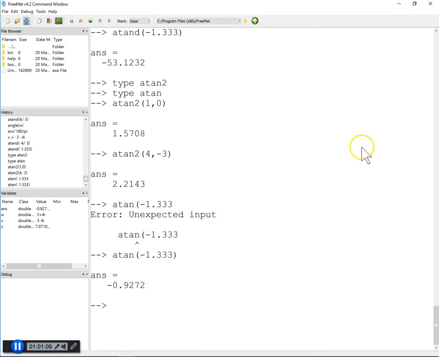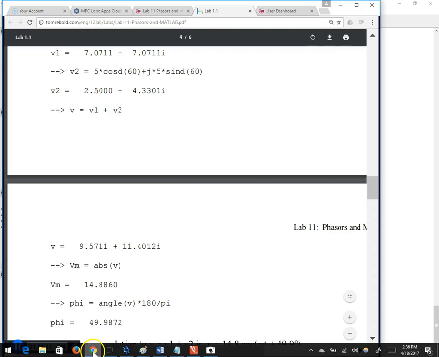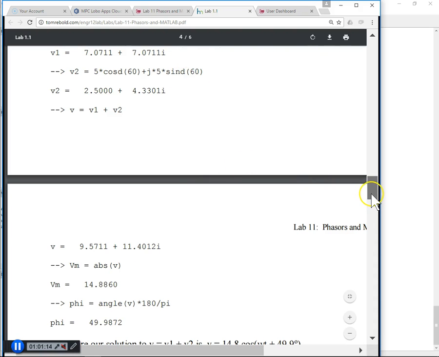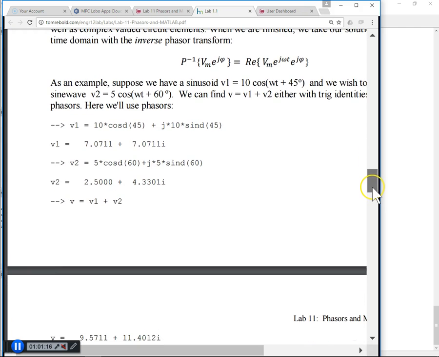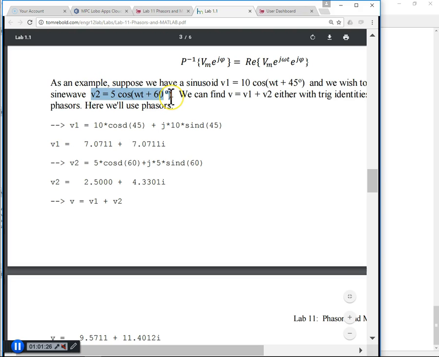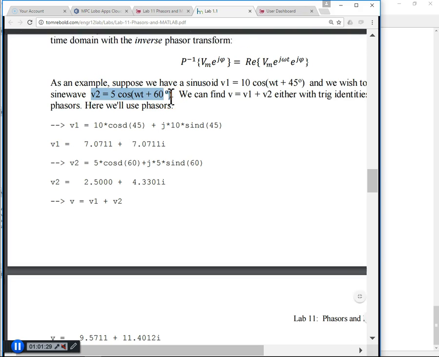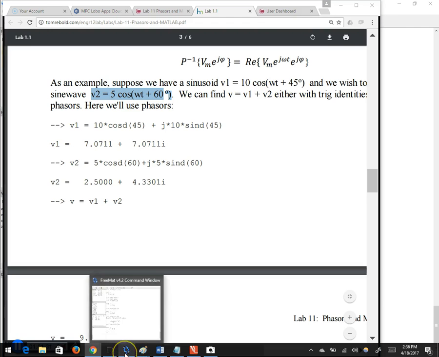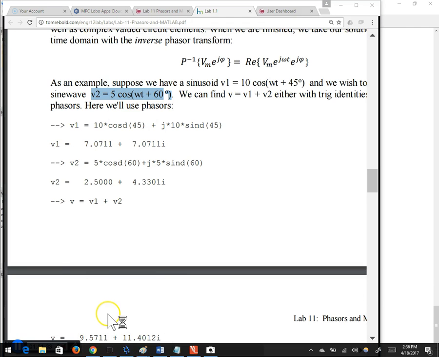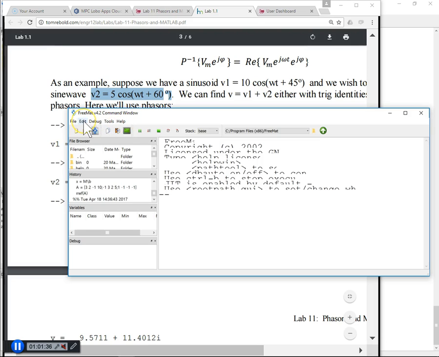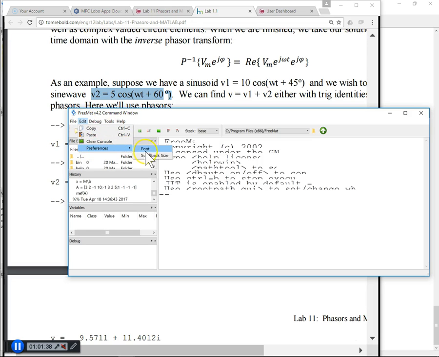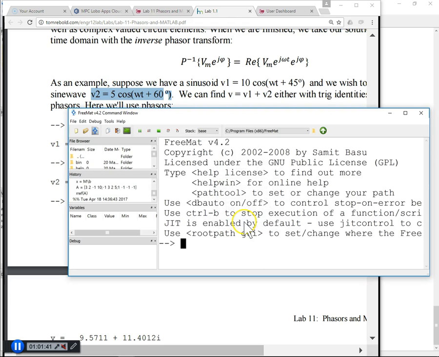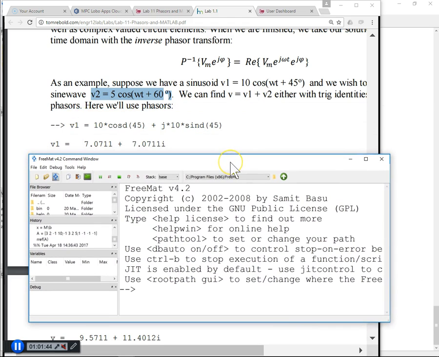Good. I was kind of thinking of adding some material that would illustrate, like this problem here, what we're trying to find is the time domain of adding these two together.